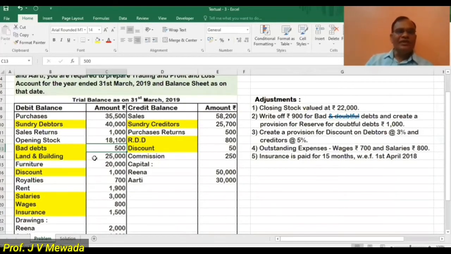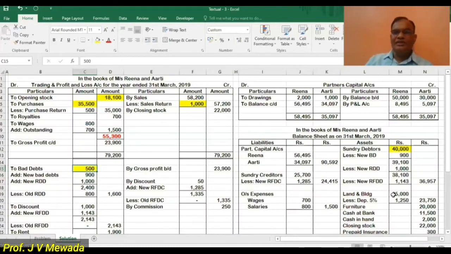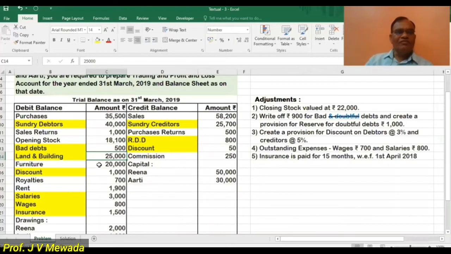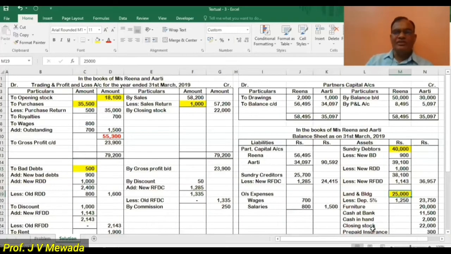Then land and building is asset. So on the asset side, land and building 25,000. On the asset side, inner column. Then we are having furniture. So again furniture on the asset side, in the outer column, it is an asset.